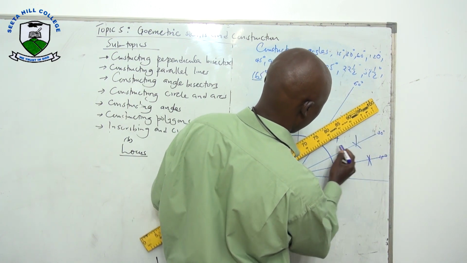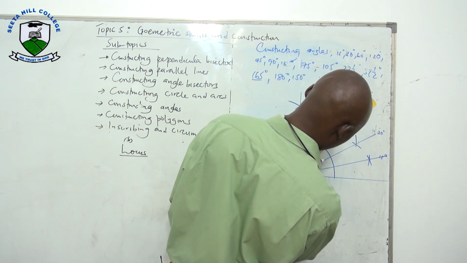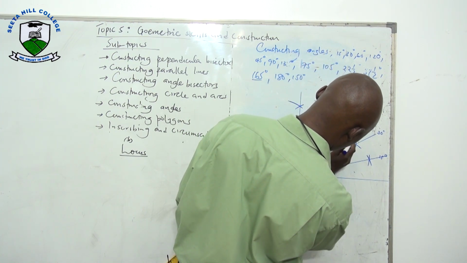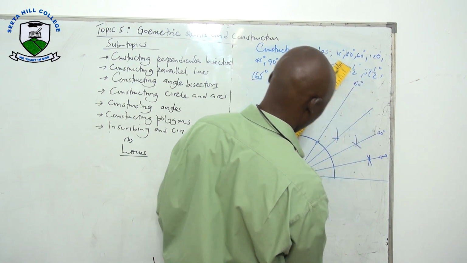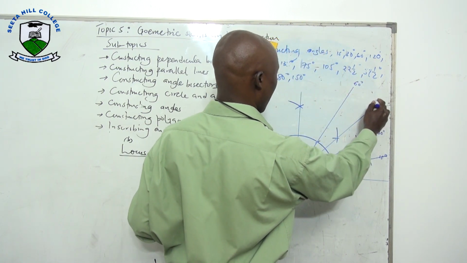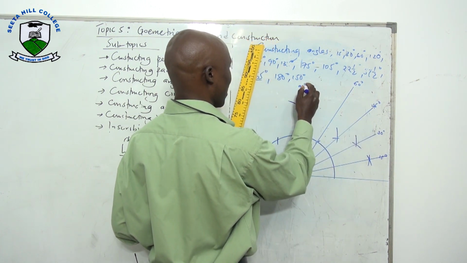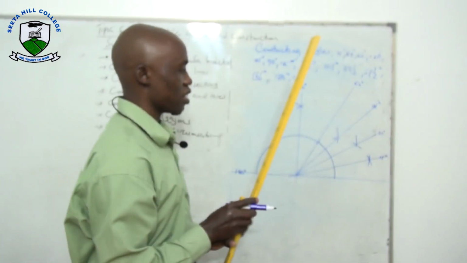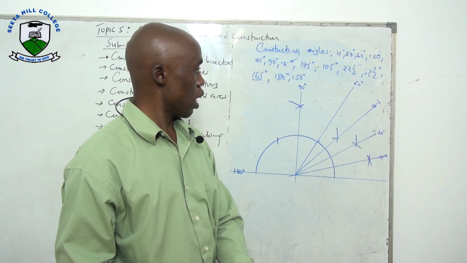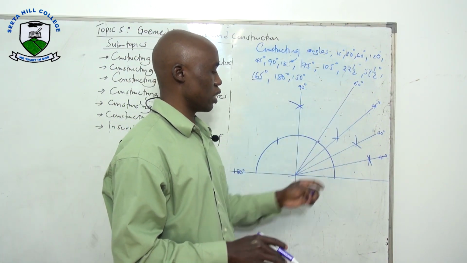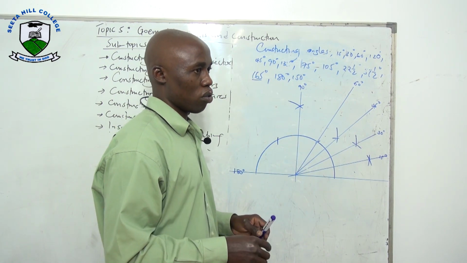This is 15. This one is 45. Okay. 45. What other angle can I get? This is 90. 75. It is between the 90 and the 30. What's the angle there? 90 and 30.